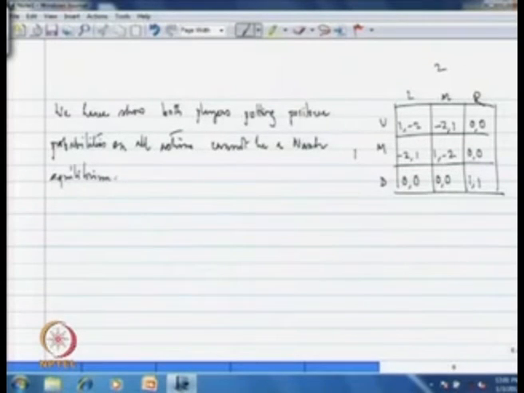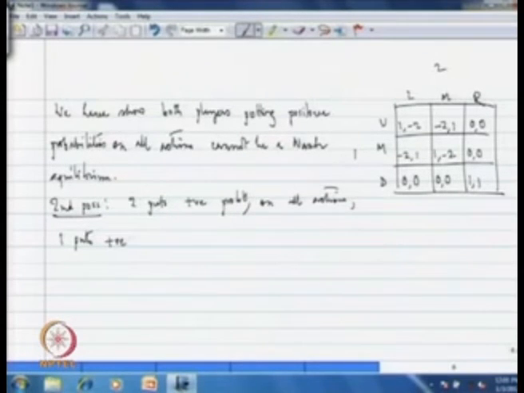The second possibility is that player 2 puts positive probability on all actions, and player 1 puts positive probability on, let us say, U and D. So, 0 on M. Can this be a Nash equilibrium?